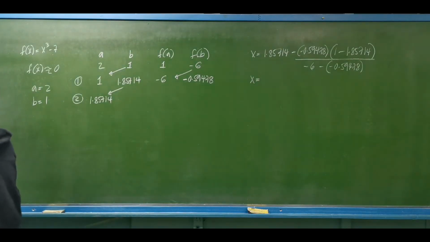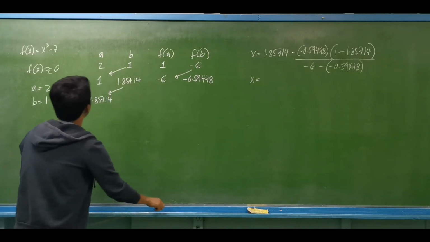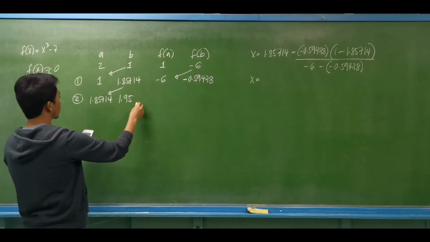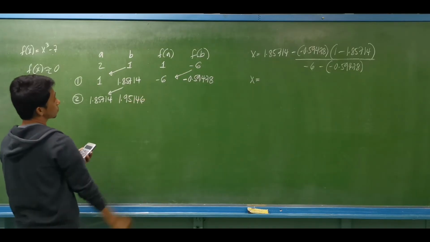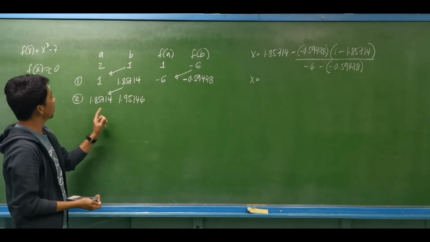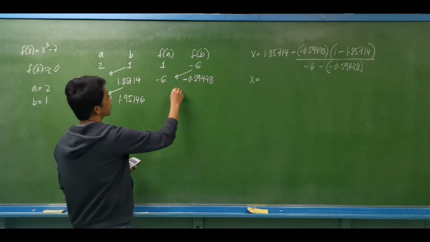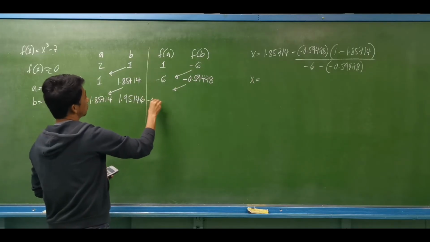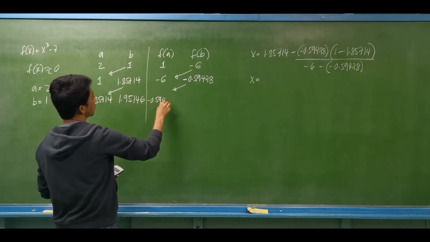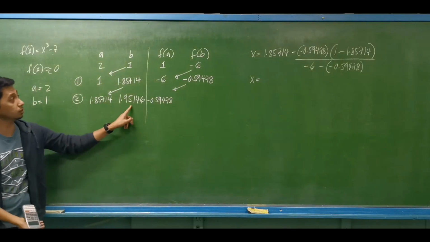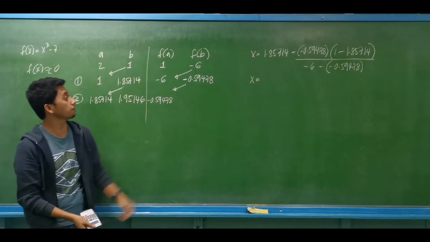So we have the new value of x, equal to 1.95146. So what is the equivalent of f of a? We just move this value. So this is negative 0.59478. And we are using this value to determine the equivalent of f of b.